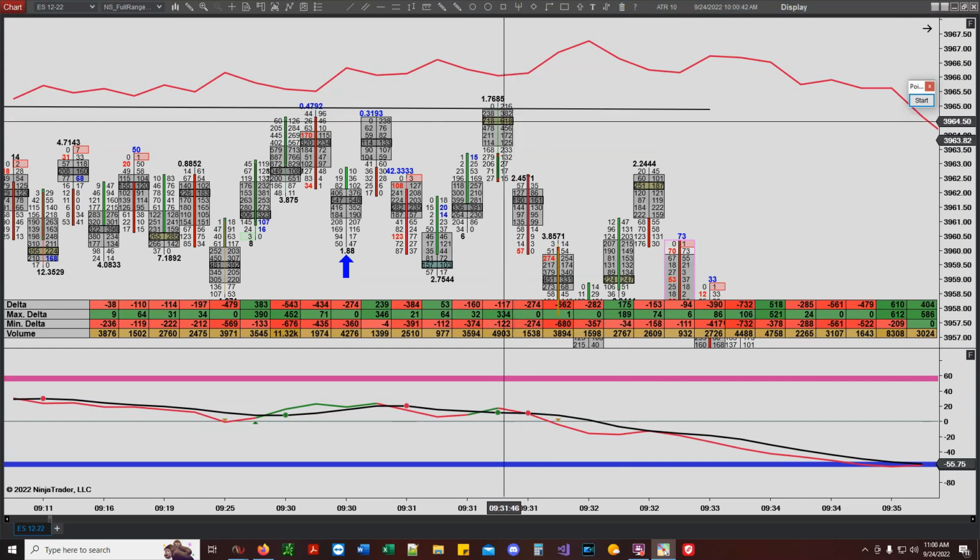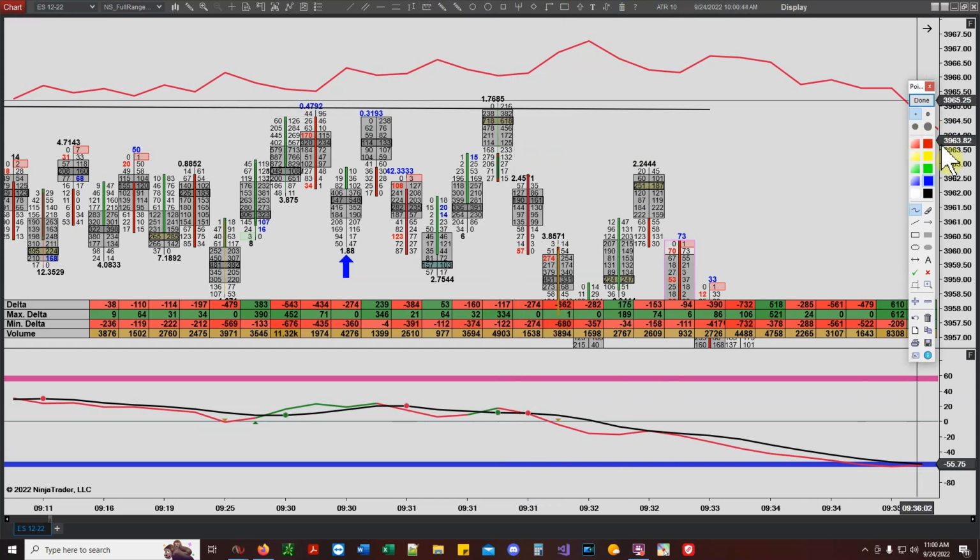Okay, so you get up here, and not only that, here's another benefit of Mike Valtos' footprint. You got stopping action right here. When that POC, point of control, changes colors in the top 3 tiers, I call it the tiers, but the top 3 tiers or the bottom 3 tiers, and it changes a different color, you have what you call stopping action or stopping volume.